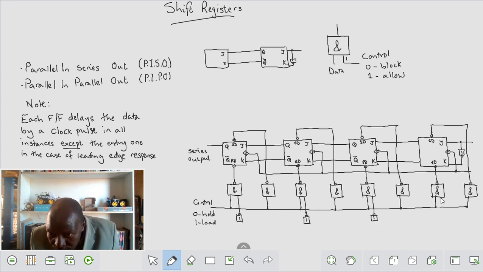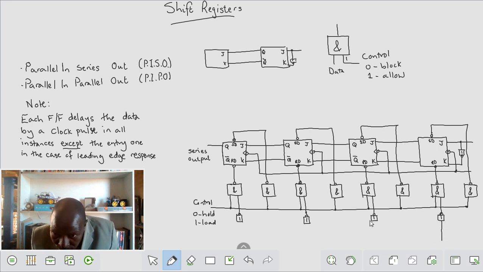For that reason the inverter is needed on the reset line, because to drive this to a 0 it needs a 1. So we're going to need an inverter on the reset line.